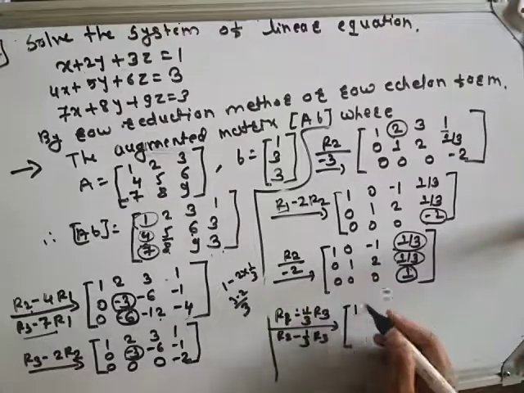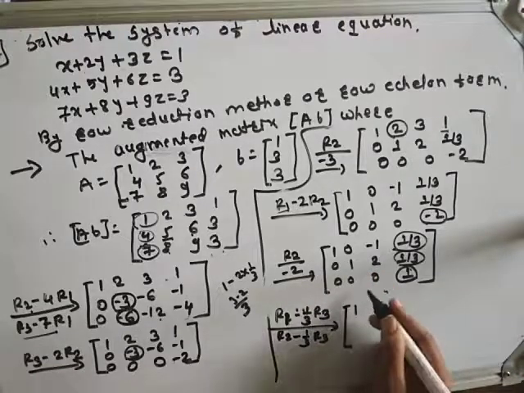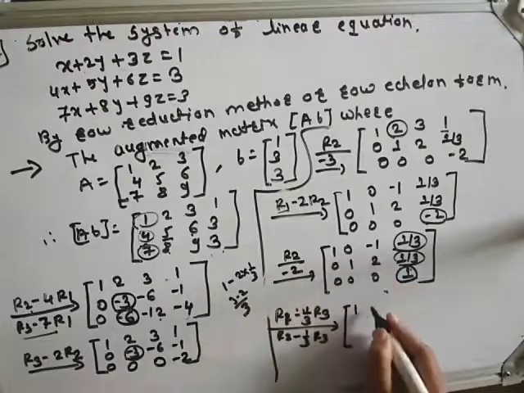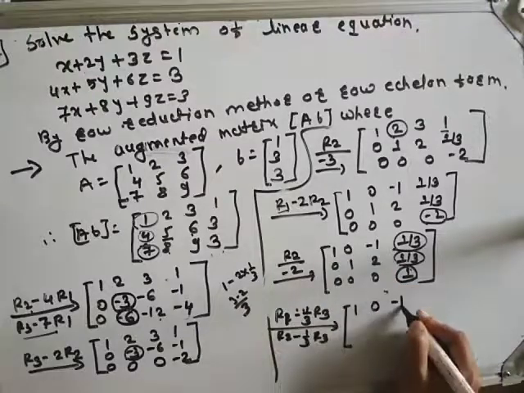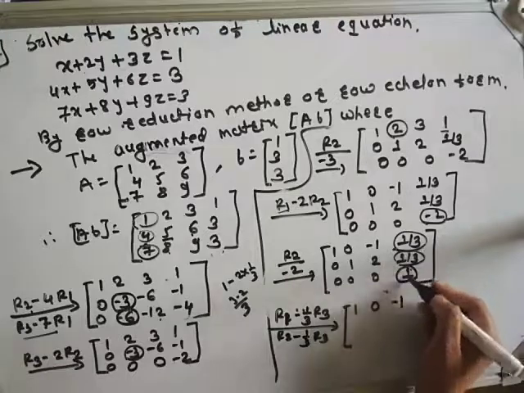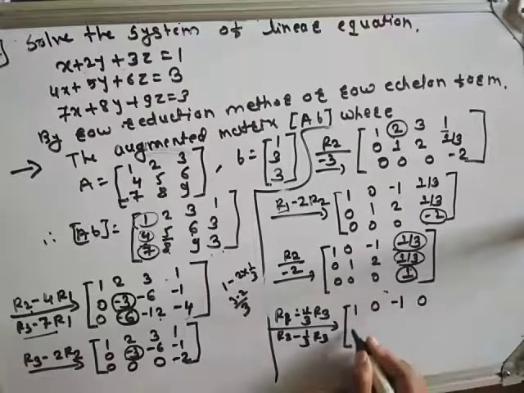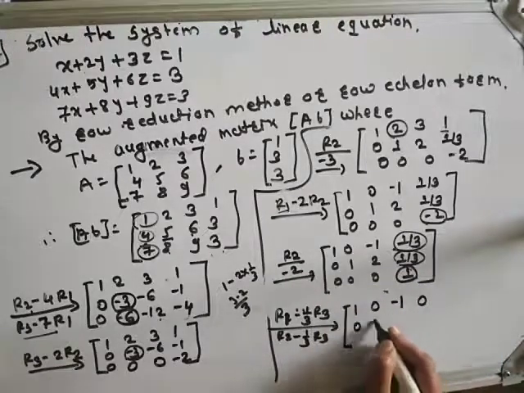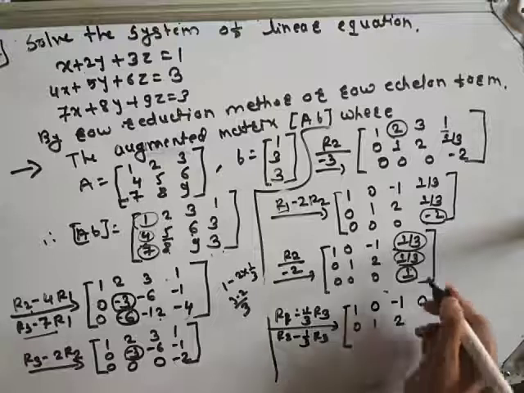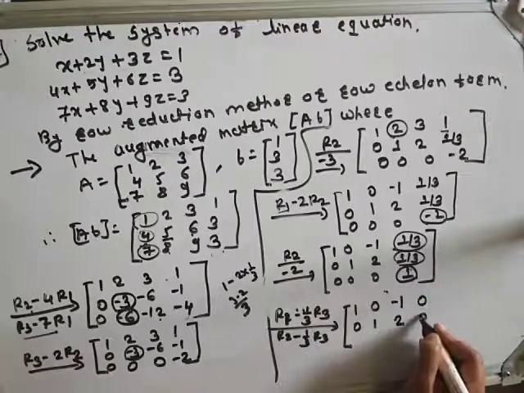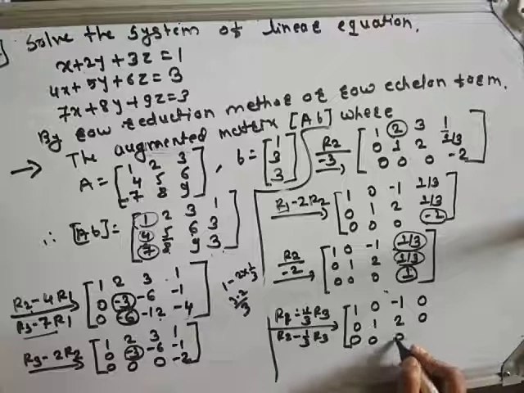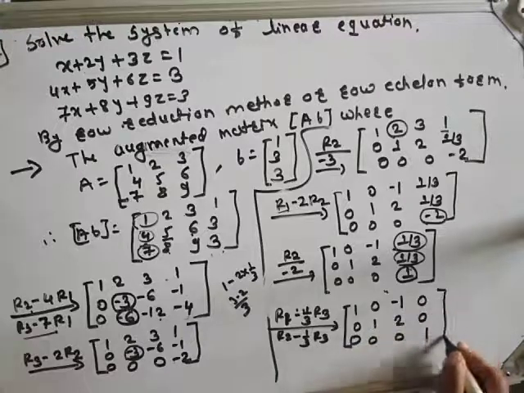Therefore, in R1: 1 minus 0 is 1, 0 minus 0 is 0, minus 1, and 1 by 3 minus 1 by 3 is 0. The second row is 0, 1, 2, and 1 by 3 minus 1 by 3 is 0. The third row is 0, 0, 0, 1.